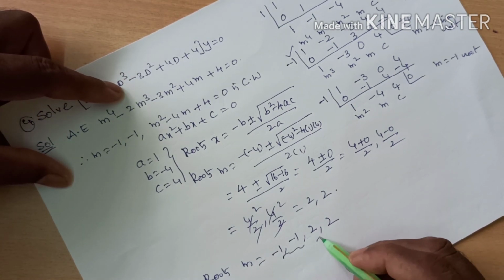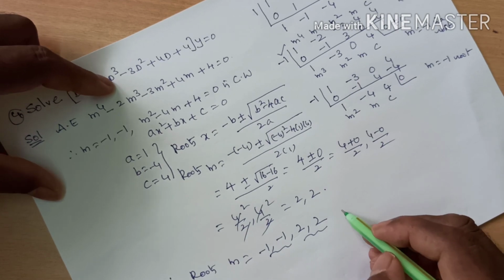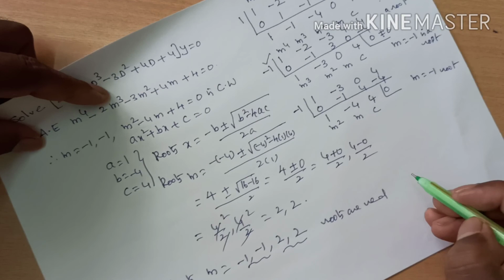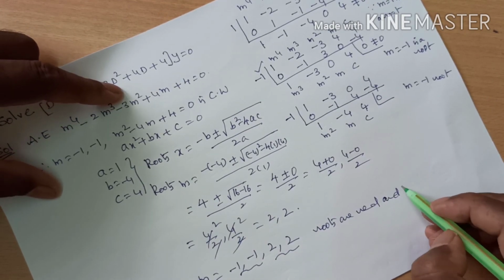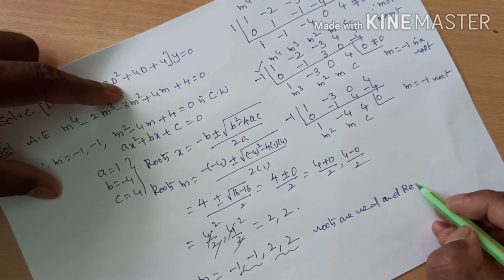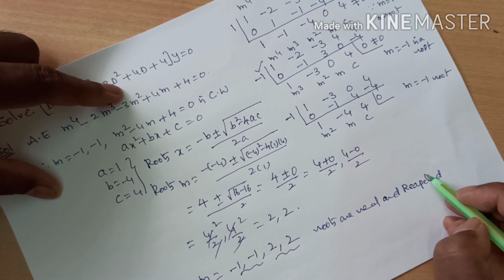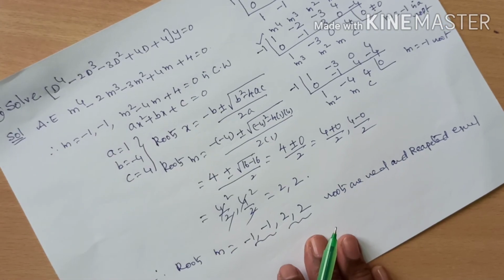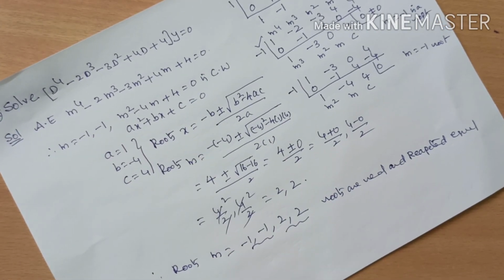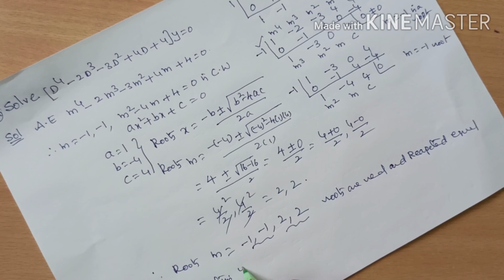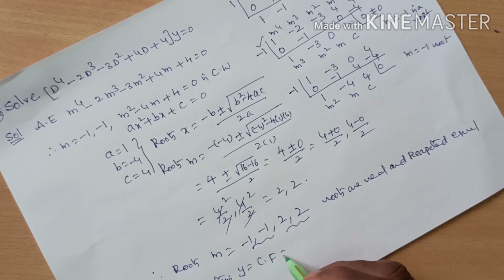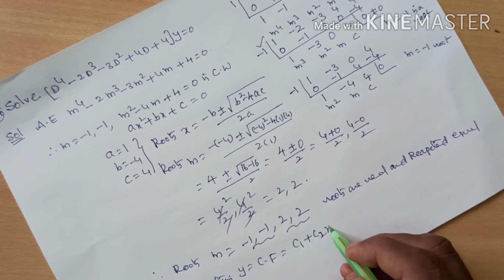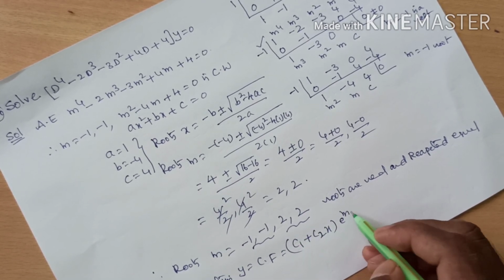First 2 roots are equal, second 2 roots are equal, therefore roots are real and repeated, equal. Therefore the solution y is equal to CF is equal to, for the first 2 roots you can write c1 plus c2x into e to the power of mx.